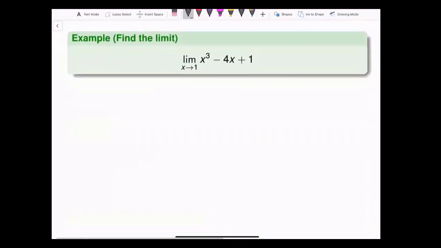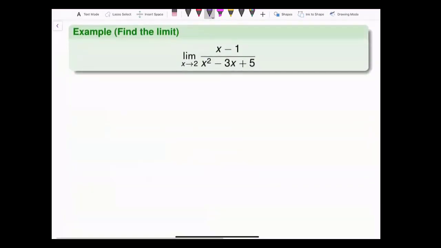Well, as a result of that, you will see right away, for example, these guys, the limit of this will be 1 to the power 3 minus 4 times 1 plus 1, which will give me negative 2. Or this guy here, the only thing I need to check is that in the denominator, 2 to the power 2 minus 3 times 2 plus 5, this is 4 minus 6, it is negative 2 plus 5, this is 3.